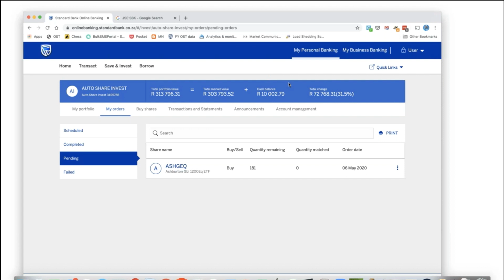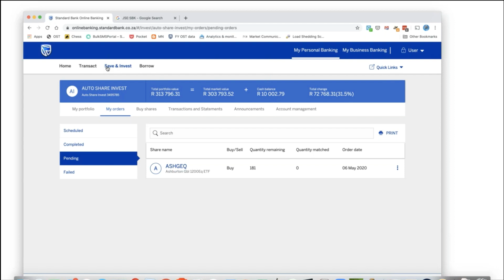If I'm an existing Standard Bank account and home loan account holder through online internet banking, how do I apply for that? When you log on, and I don't want to because then all my details pop up, you've got your home, you've got your transact, it sits under save and invest. It's the invest option you can do. And the beauty is that Standard Bank obviously already has your FICA documents, Kenneth, so you don't need to re-FICA.